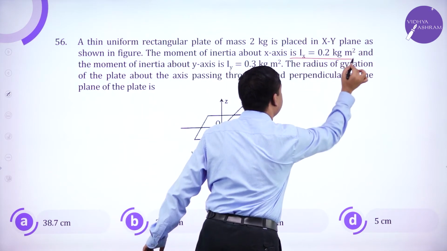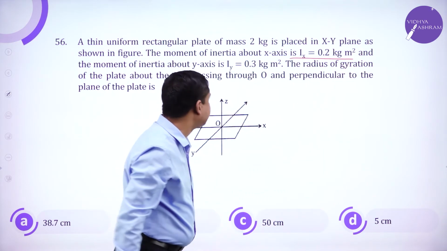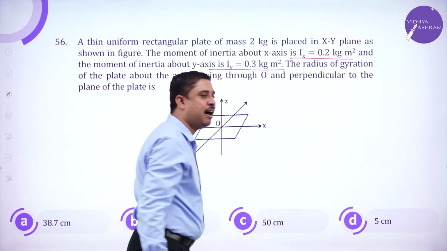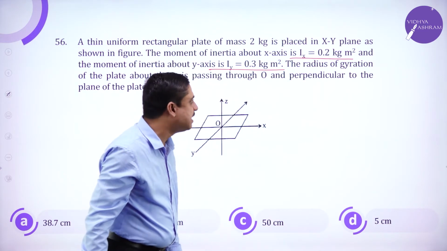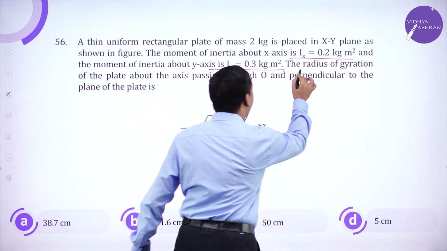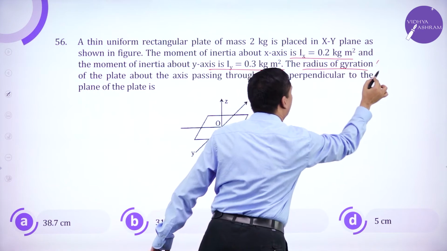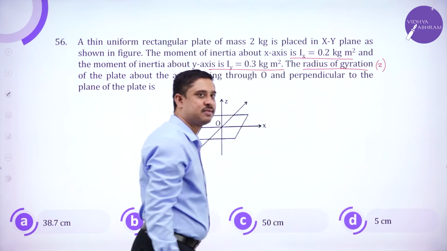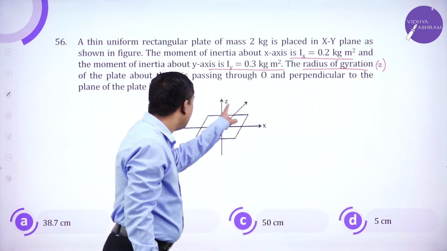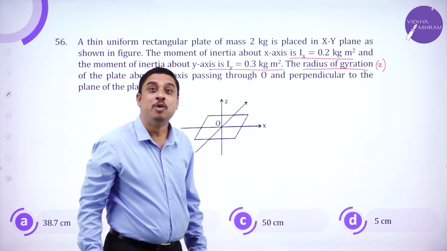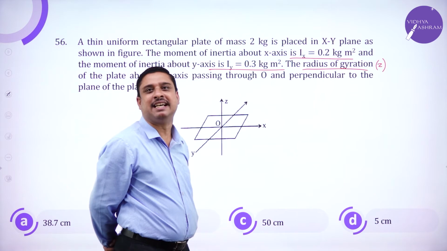Moment of inertia about x-axis, moment of inertia about y-axis. I want radius of gyration about z-axis. X-axis, y-axis, z-axis are mutually perpendicular to each other.